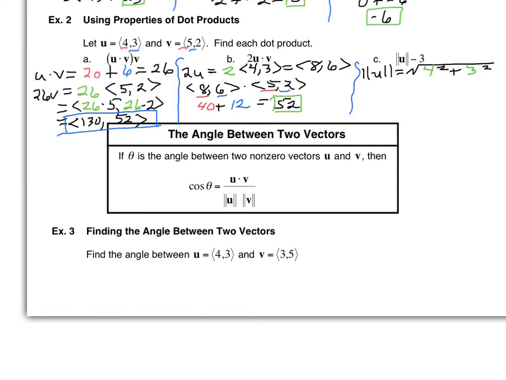And so we get the square root of 16 plus 9, which is what? Which is 5. So that's our magnitude of u. And so then we're going to take that magnitude of u, which is 5, and we are going to subtract 3 from it for a final answer of 2.